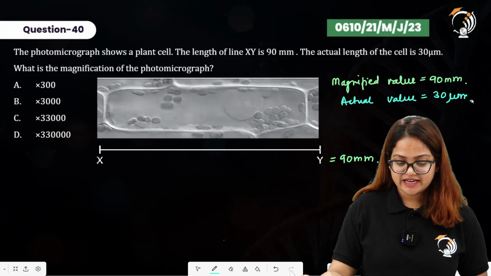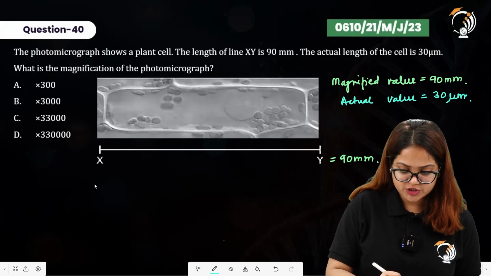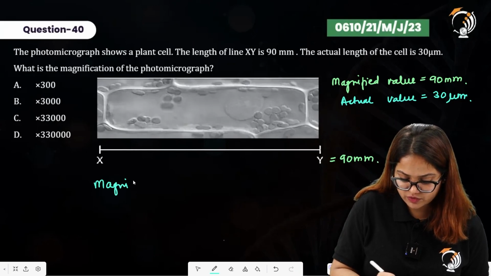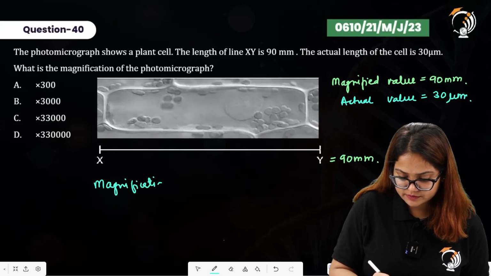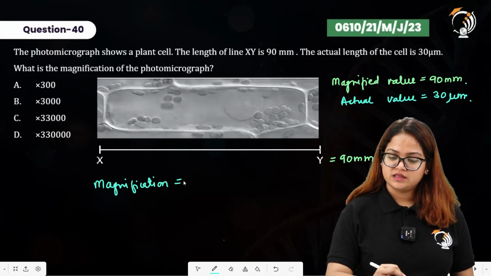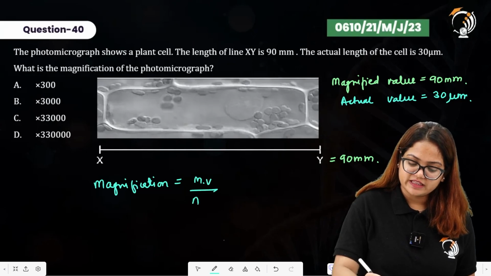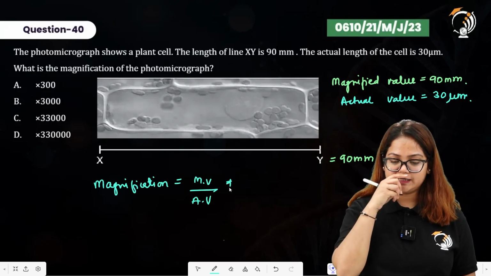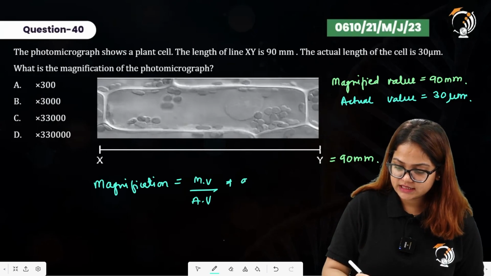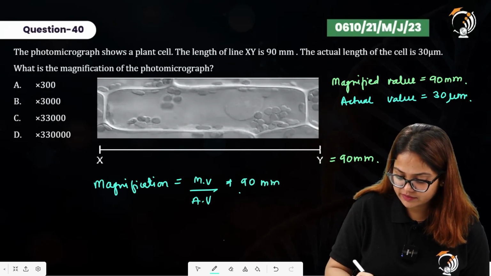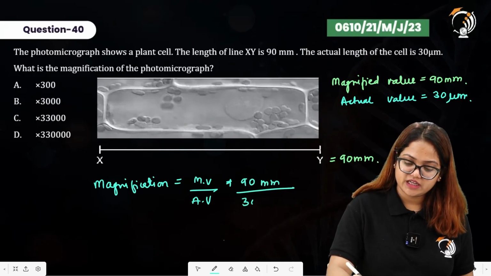Alright. What is the magnification? So for the magnification, you are going to apply the magnification formula here. That is magnified value divided by the actual value, and this is 90 millimeter divided by 30 micrometer.